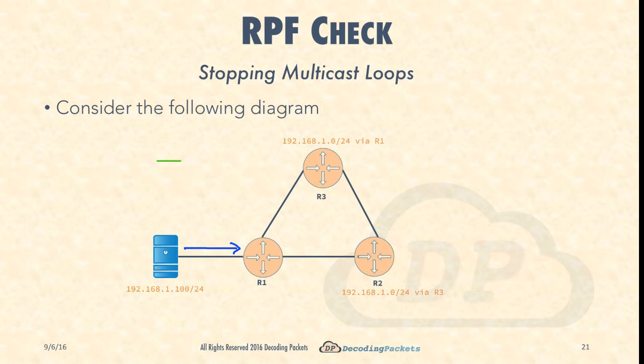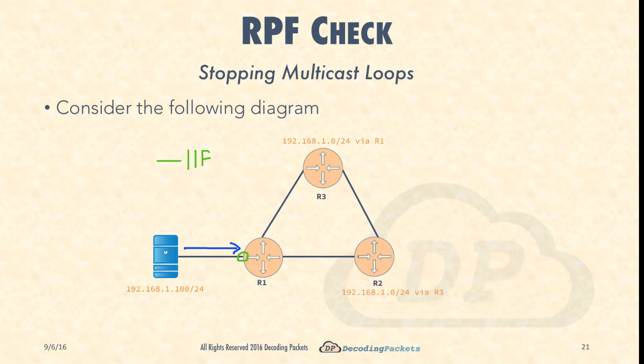So let's identify all of the IIFs, or incoming interfaces, with this green marker here. On R1, there's a directly connected route. Hence, that particular interface with the directly connected route becomes the IIF. Moving on to R2, there is a specific route for that /24.